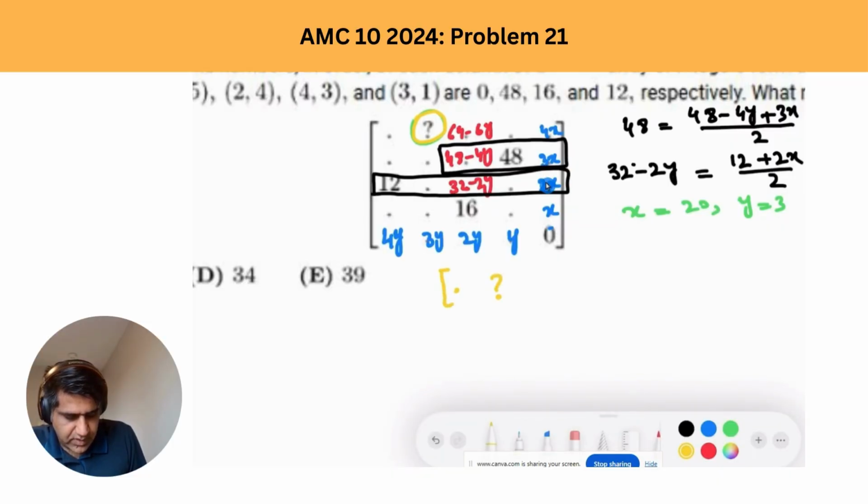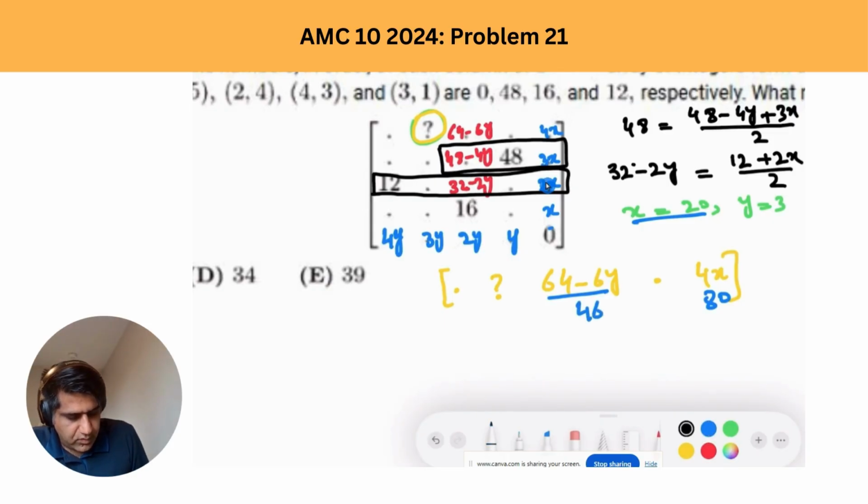The second is what we want to find. The third one we know as an expression, that is this. Then the next element is unknown, and then we have 4x. So if I plug in this value of x, I would get 80 for this one. And if I plug in this y, then I would get 46.